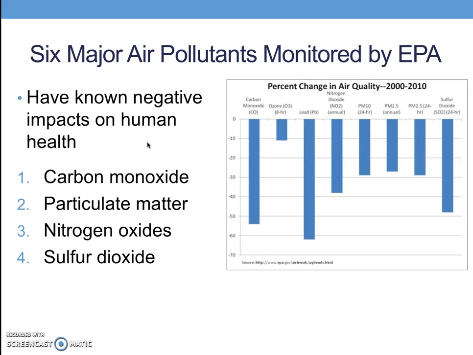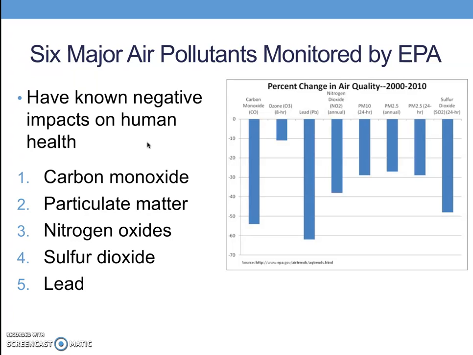Sulfur dioxide is similar to nitrogen oxide in that it can cause respiratory problems. It can also lead to acid rain, but sulfur dioxide can also be converted to a variety of other sulfur-containing compounds that can lead to other health effects. So sulfur dioxide is an especially dangerous air pollutant because of the secondary effects that it can have.